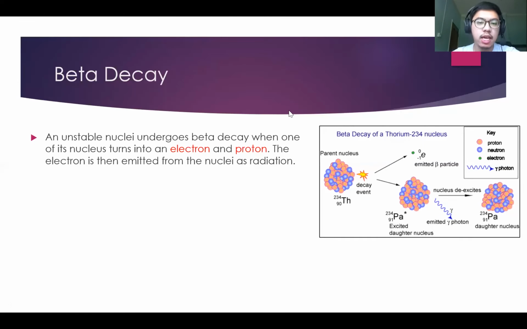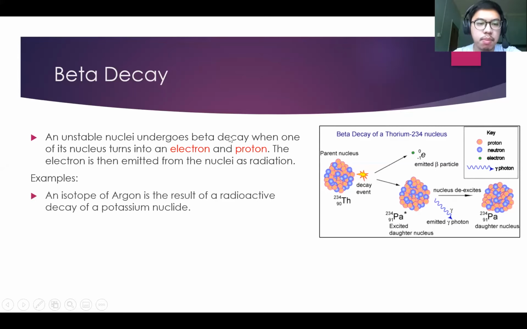What does the decay equation look like for beta radiation or beta decay? So we will see. These are some of the examples. An isotope of argon is the result of a radioactive decay of a potassium nuclide. So here we have potassium, and then the potassium changed to argon, giving out a beta particle.